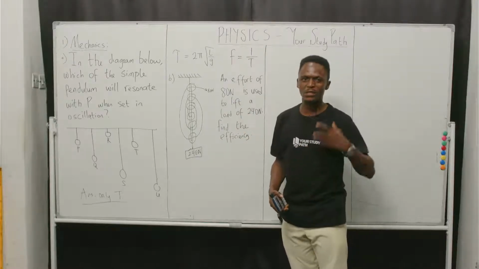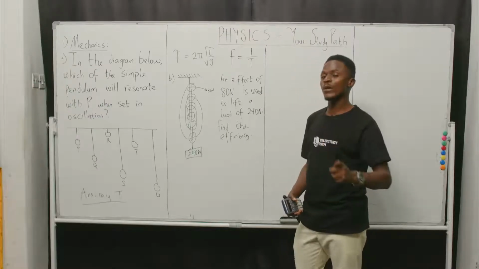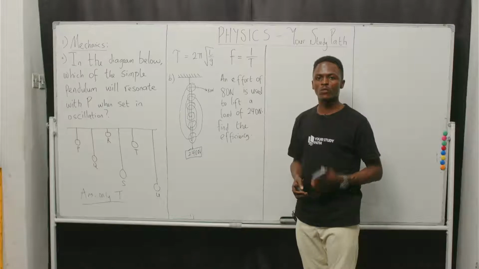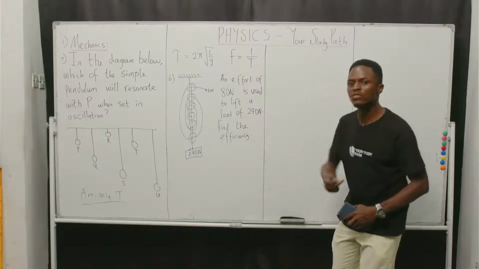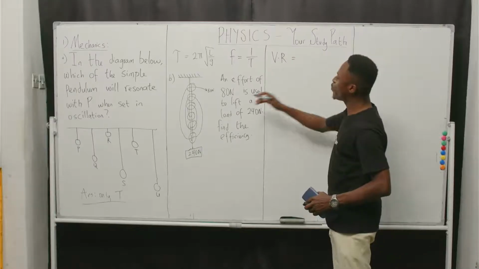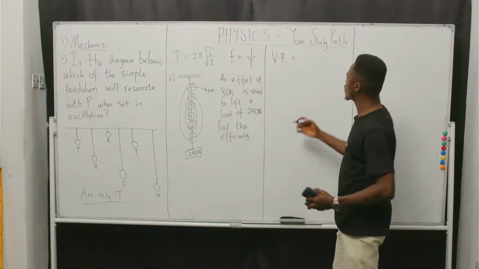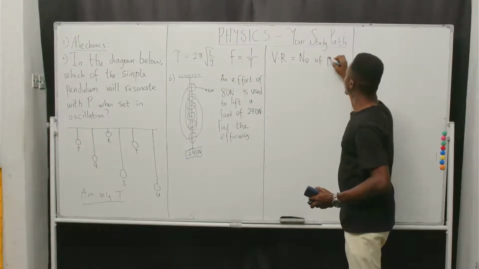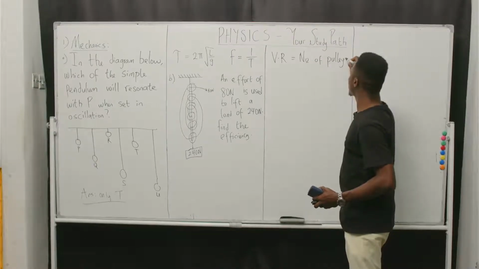And this brings to bear the formula for a pulley system, where we are told that the velocity ratio of a pulley system or a block and tackle system is just the number of pulleys present.